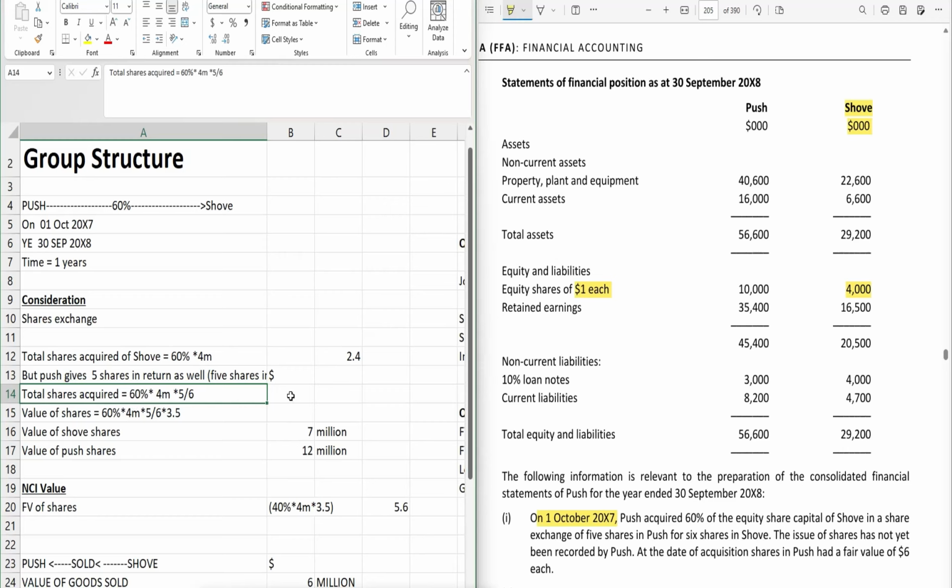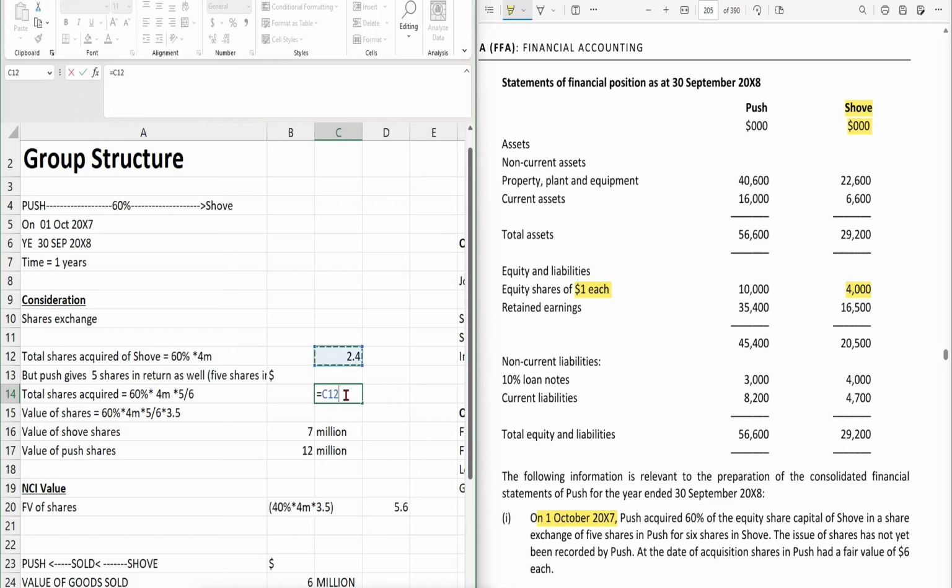So you can perform the calculation like this: this is the number of shares for SOV, right? And for every 6, 5 has been given, so we need to calculate the batches of 6. How many batches will there be for the 6? It is 0.4 million, and now 5 shares have been provided by Push, so we multiply by 5, so that means 2 million shares.